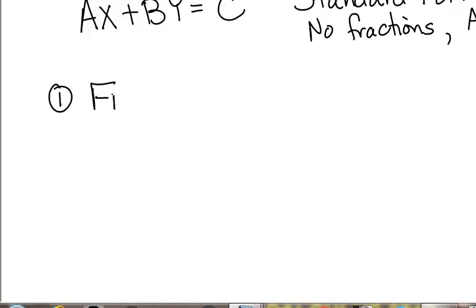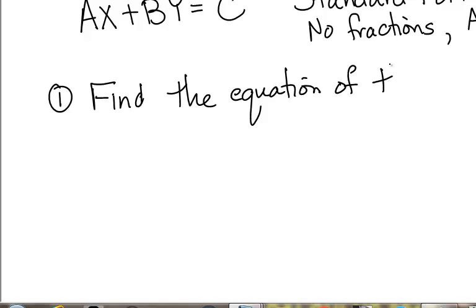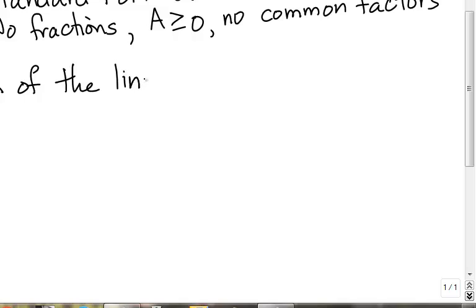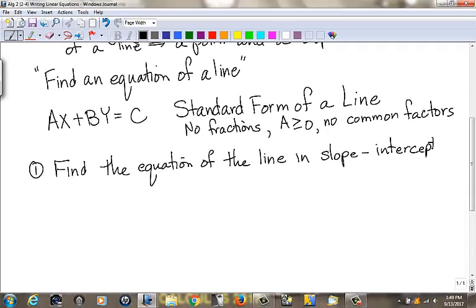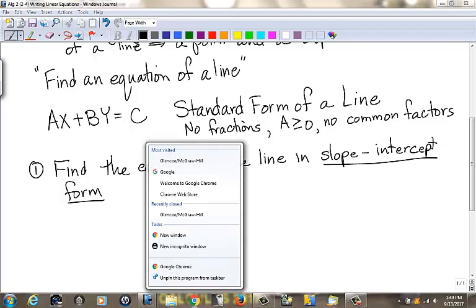Say they ask you to find the equation of the line in slope-intercept form. Okay, so they want the final answer in y equals mx plus b form.